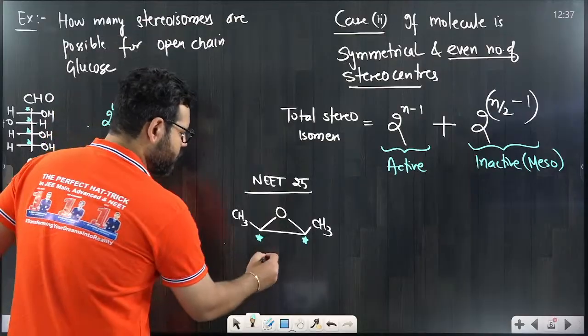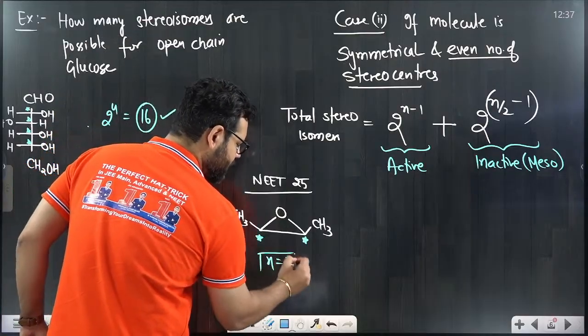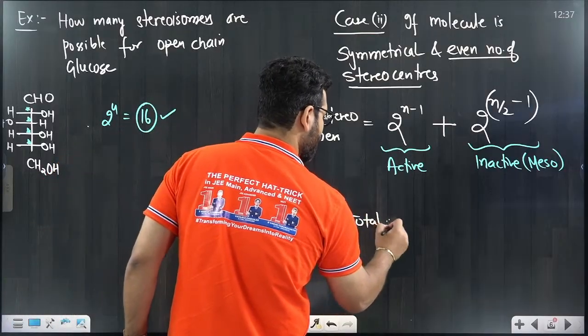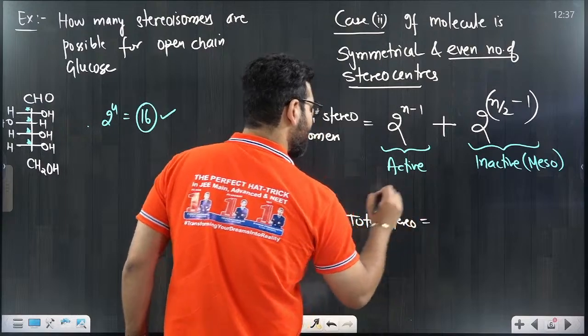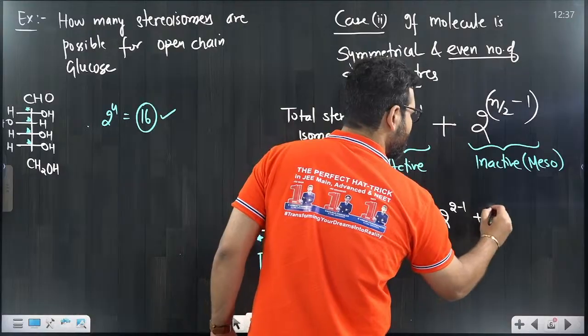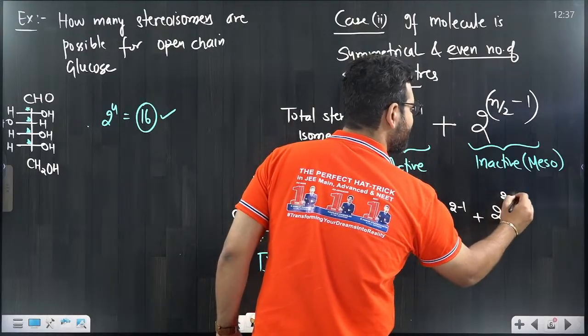So n is equal to 2. But the molecule is symmetrical. So here total stereoisomers are coming out to be 2 to the power 2 minus 1 plus 2 to the power 2 by 2 minus 1.